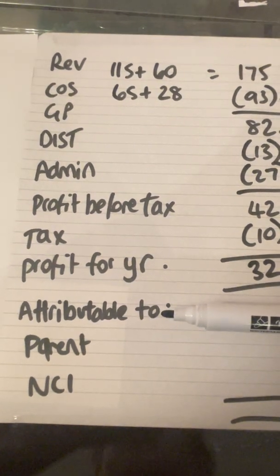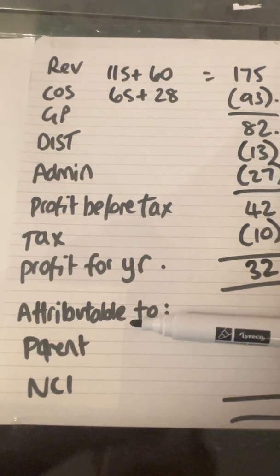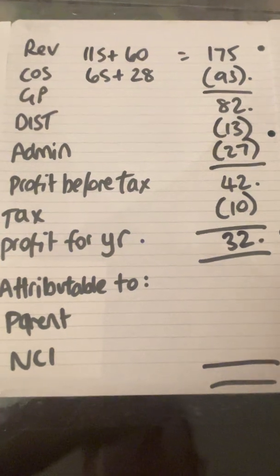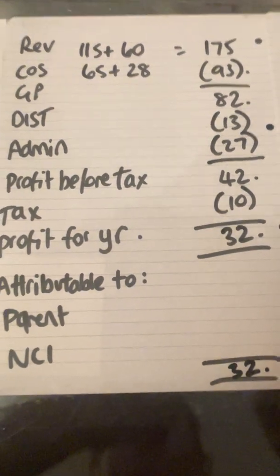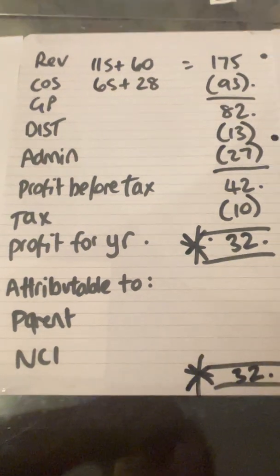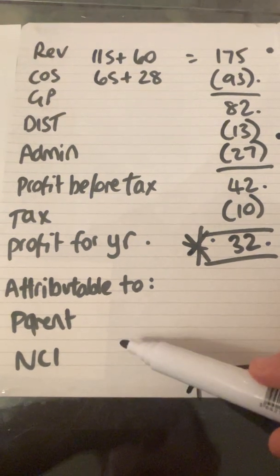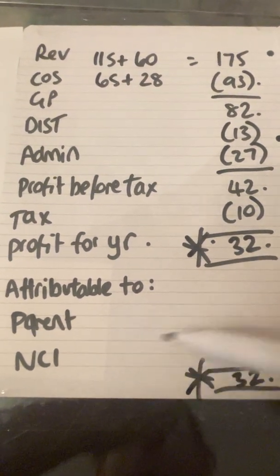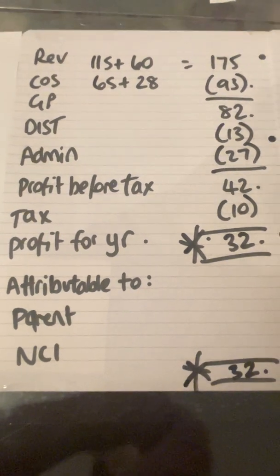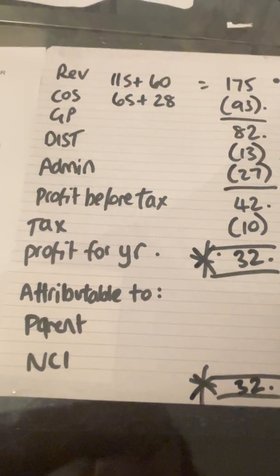This is how much of that 32 belongs to the parent, and how much belongs to the NCI. What we know is this has got to equal 32 because this has got to match this. Some people work out both of these, some people work out one and then put the other one in as a balancing figure. I don't really mind as long as you get it right. So, how do we split it out?